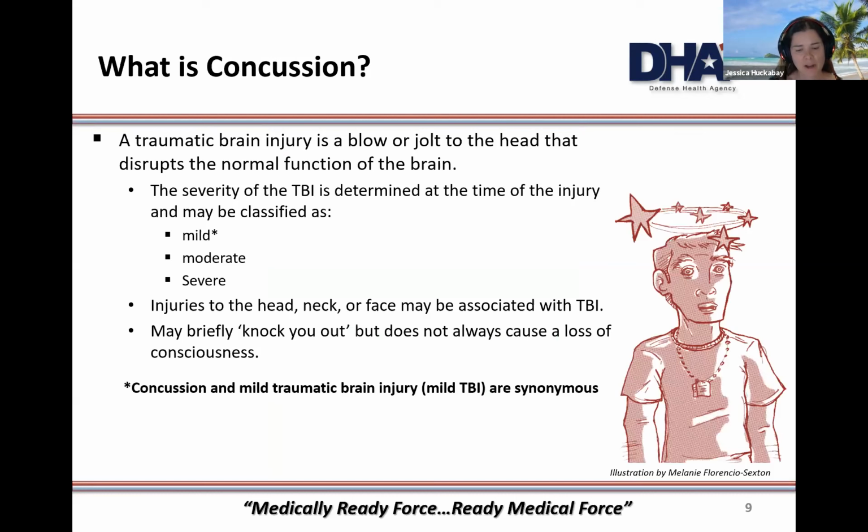All right, so what's a concussion, right? Another way to define it is a blow or jolt to the head that disrupts the normal functioning of the brain. As a reminder, there are 3 levels of severity for traumatic brain injury: mild, moderate, and severe, with mild being the most common, right?